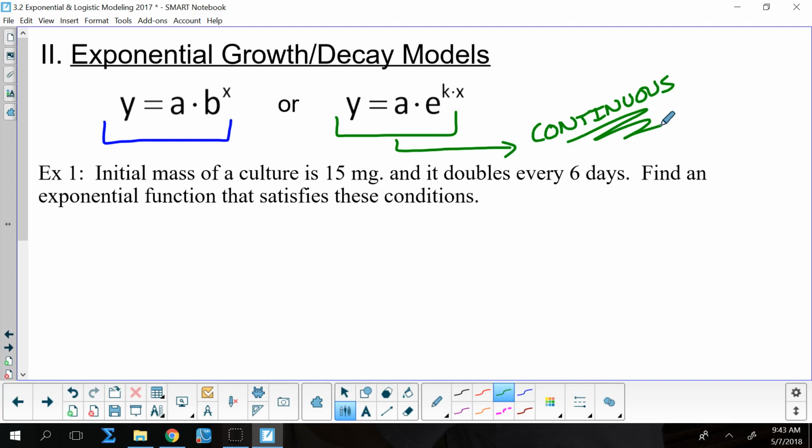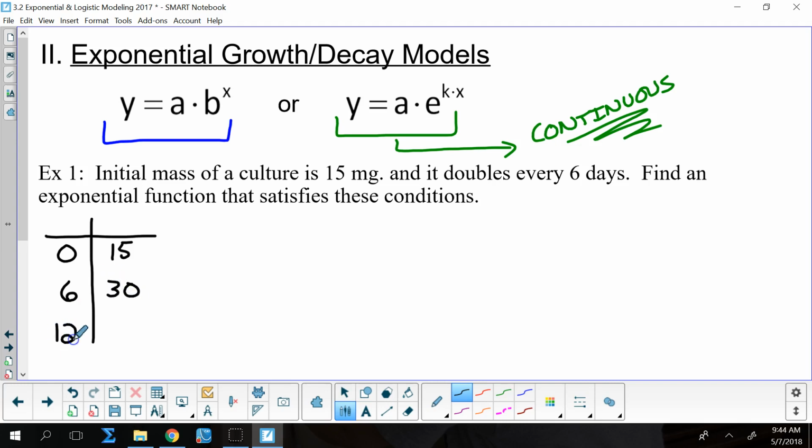Now, making both of those different kinds can be done. First off, if I start with 15 milligrams and it doubles every 6 days, then after 6 days, how many milligrams would I have in my culture? I'd have 30.